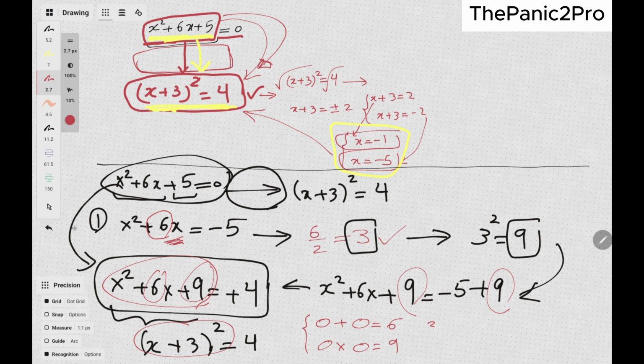Those numbers would be 3 and 3. When you have 3 and 3, it means you have this squared. Basically, 3 and 3 would give you x plus 3 times x plus 3, and that's how you get x plus 3 squared. That's how we get to this format through these steps.